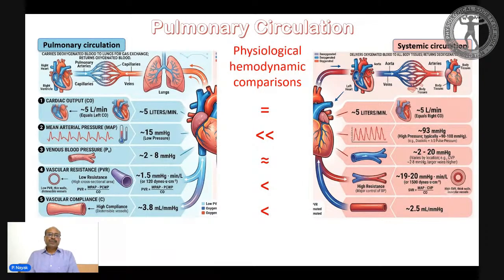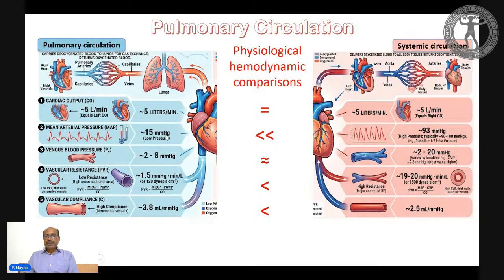So if we compare the systemic circulation and the pulmonary circulation, as we have already mentioned, there is 5 liters of cardiac output for both the pulmonary circulation as well as the systemic circulation. So here it is equal.